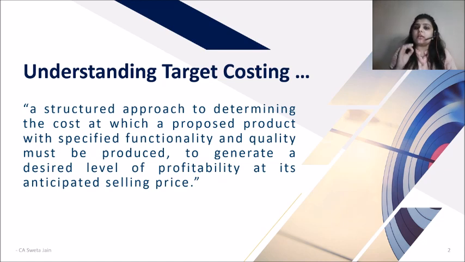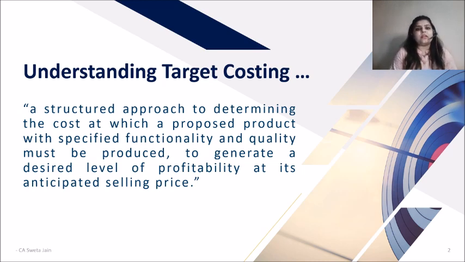When you're focusing on target costing, when you're focusing on maintaining the target cost, you are not going to compromise on the quality at any cost. Your quality should not be degraded. Now, to generate a desired level of profit, I am not compromising on my profits as well. My profits are going to be same at its anticipated selling price.